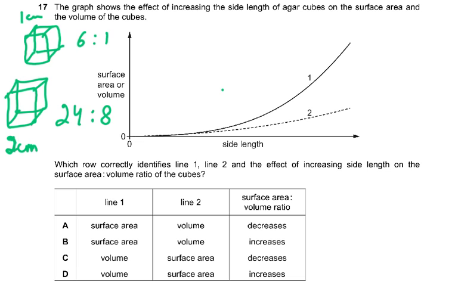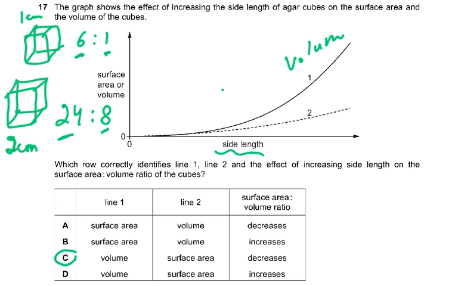Question number 17. The graph shows the effect of increasing the side length of agar cubes on the surface area and the volume. So I give an example of 1 centimeter and 2 centimeters. So surface area was 6, volume was 1. Then the surface area increased to 24, 4 times. But the volume increased by 8. So 1 has to be volume. As you increase the side length, the volume increases more.